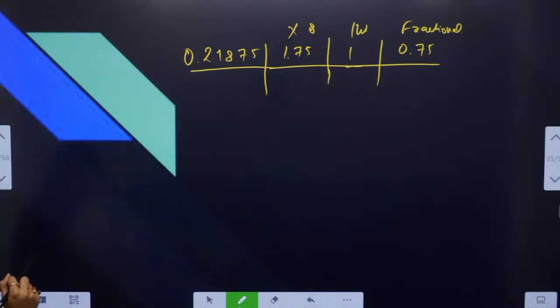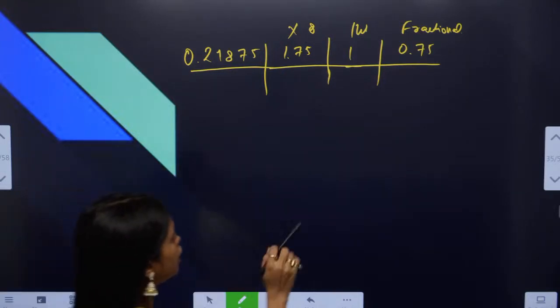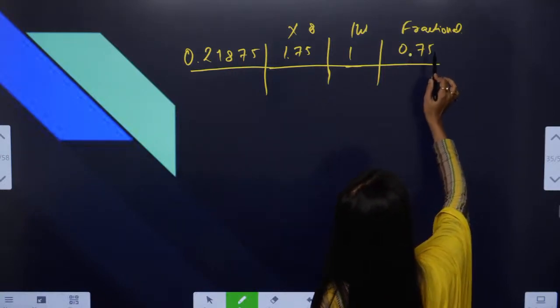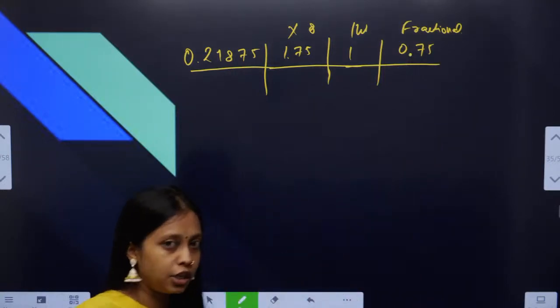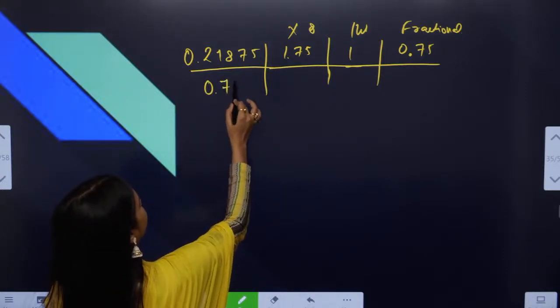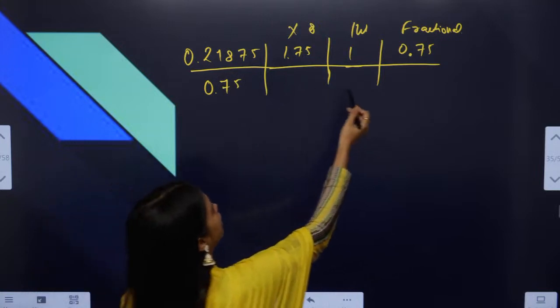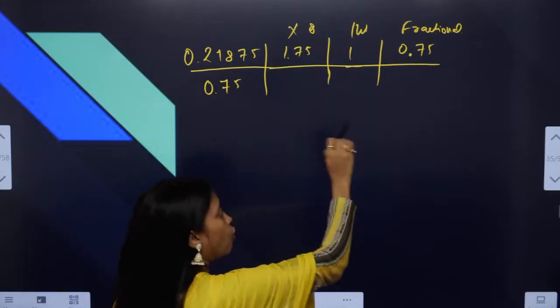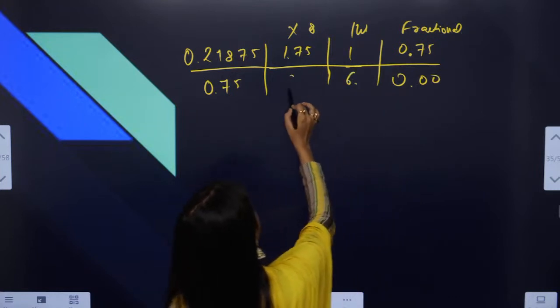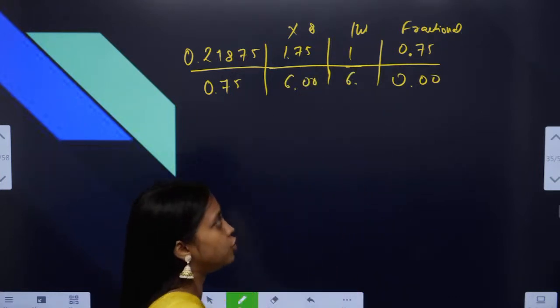If your fractional part becomes 0, which is not the case over here, you stop. The fractional part is not 0, so I will continue. I will write 0.75, again multiply with 8, and write the whole part and the fractional part. Over here, you will get the fractional part as 0 and the whole part as 6, so this is 6.00.